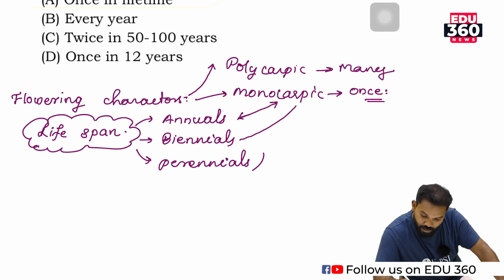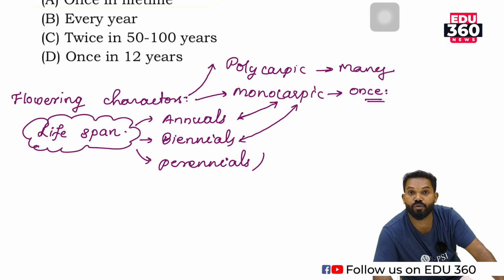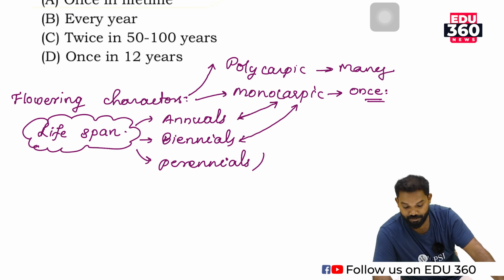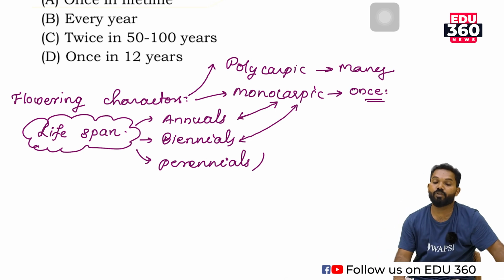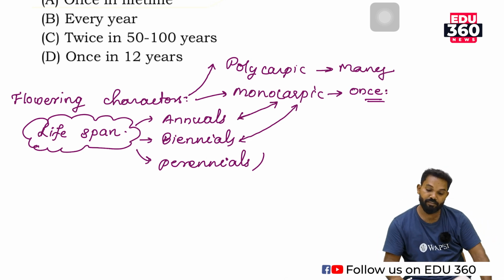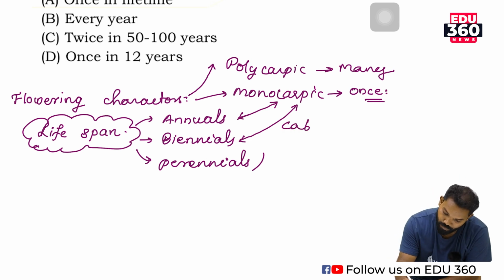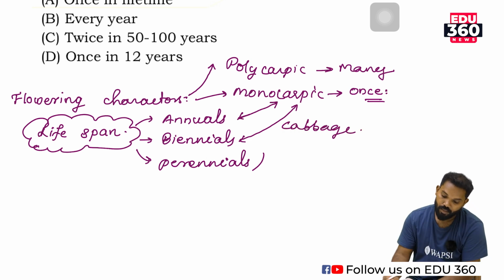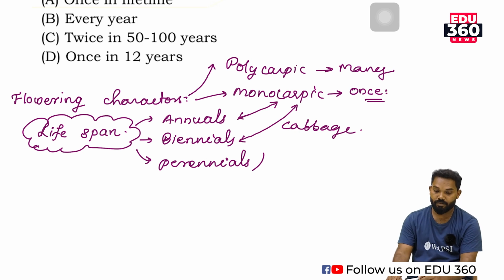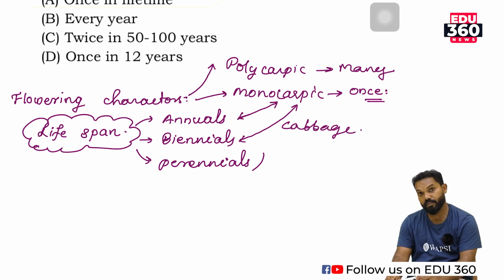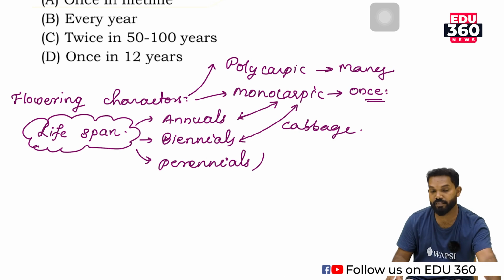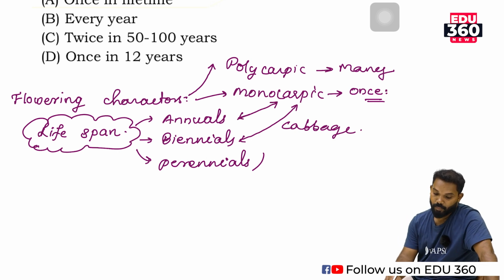Cabbage plants actually live for 2 seasons or 2 years. In the first year they grow vegetatively and in the second year they grow reproductively. So biennial plants like cabbage are monocarpic biennial plants. Then perennial plants like mango trees grow for many years.